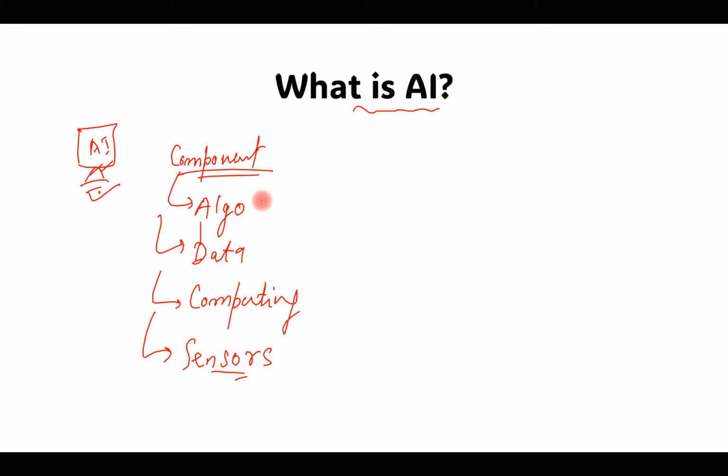AI algorithms are like recipes that tell the AI how to learn and solve problems. Data is a kind of fuel that powers the AI system.